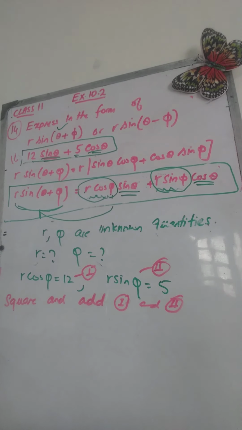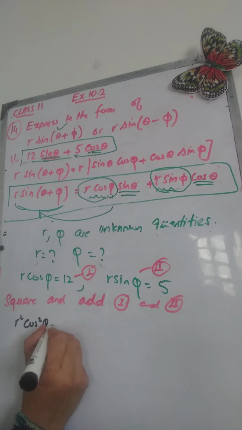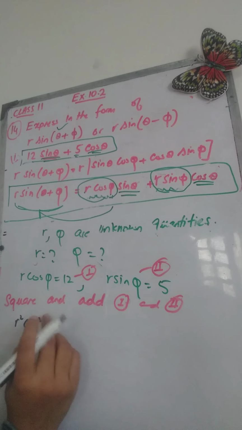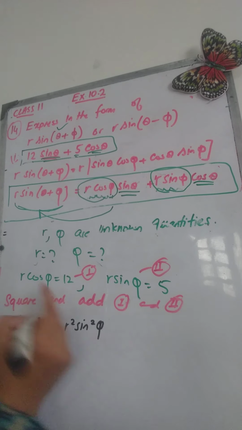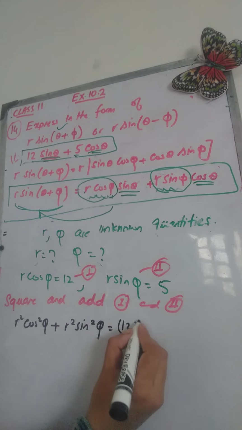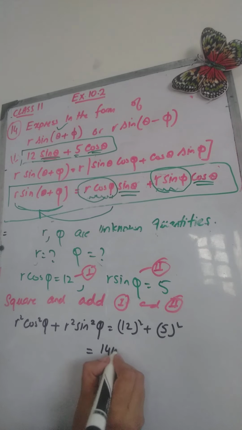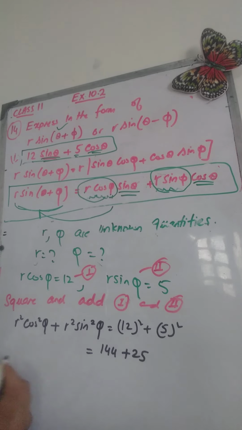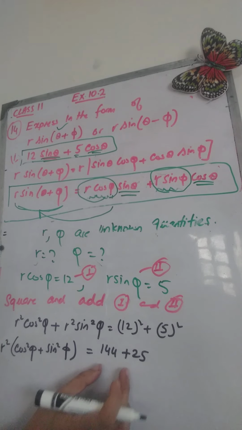After squaring, r square cos square phi plus r square sine square phi. The left hand sides of both equations are added, and I square and add the right hand side also. This will be equal to 144 plus 25. Taking r square common, cos square phi plus sine square phi will be equal to this expression.